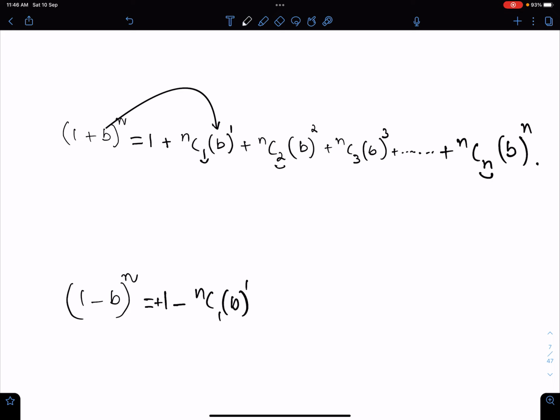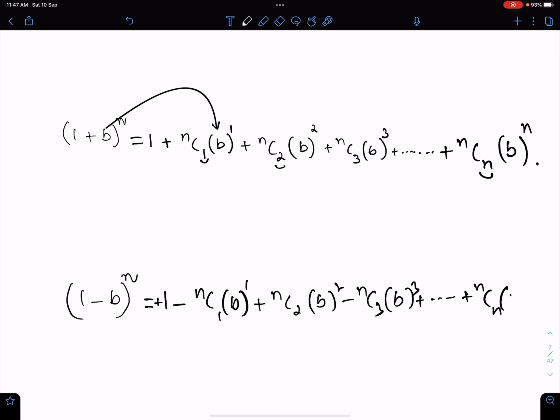Plus, minus, plus, minus, plus, minus. So 1 minus nC1 b^1, then we have plus sign nC2 b power 2, then negative sign nC3 b cube, and so on. And this is the last term.